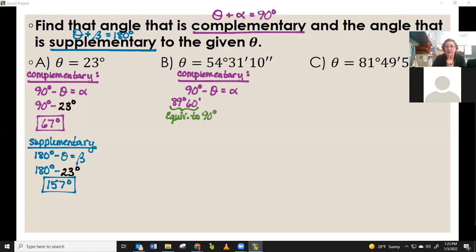I want another way to write something equivalent to 90 degrees that has degrees, minutes, and seconds. So I'm going to keep this 89 degrees. Instead of writing 60 minutes, I'm going to write 59 minutes and 60 seconds. This is also equivalent to 90 degrees.